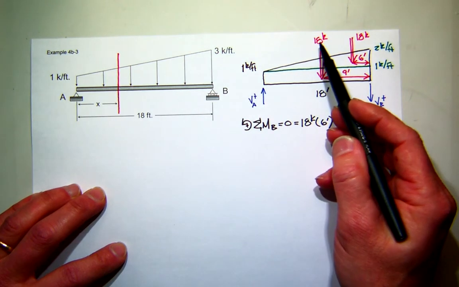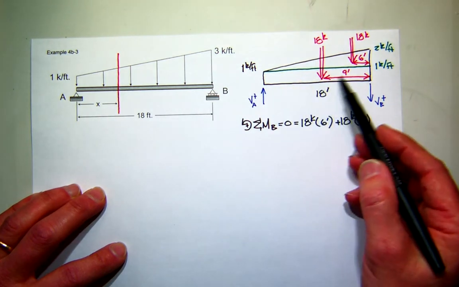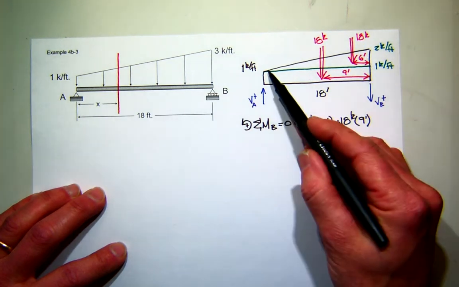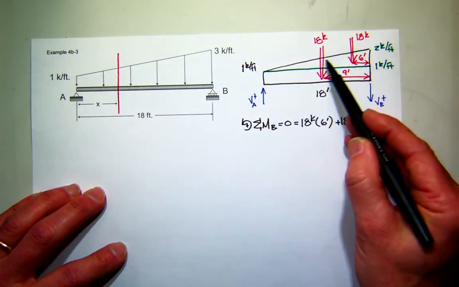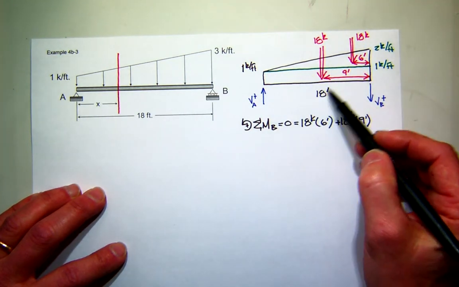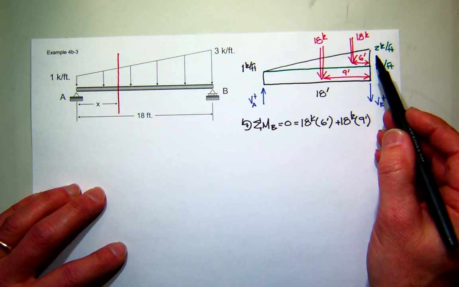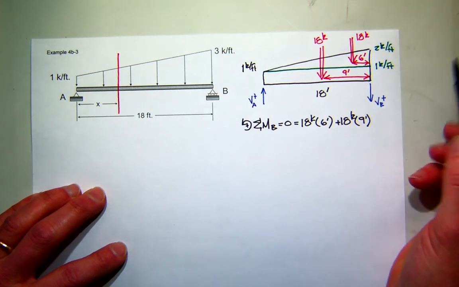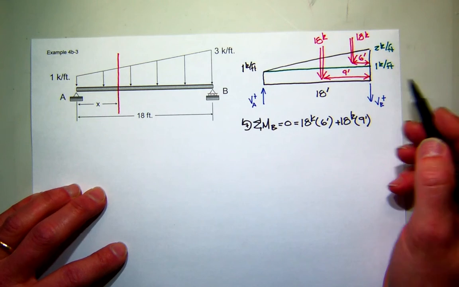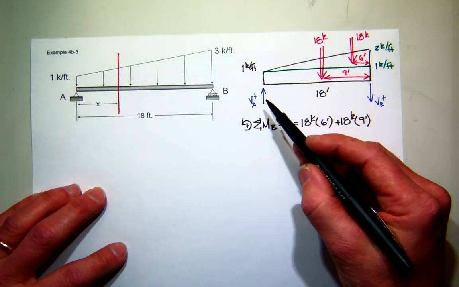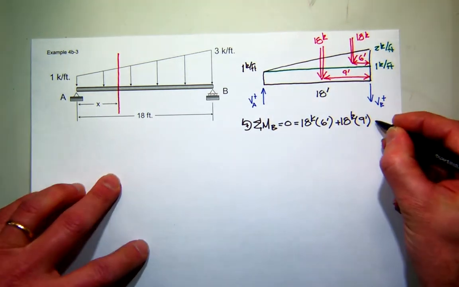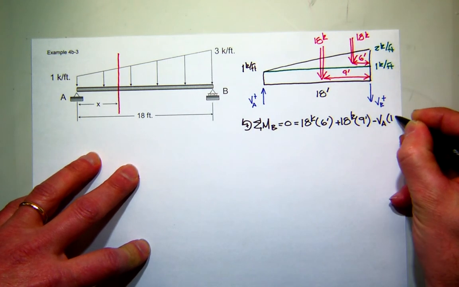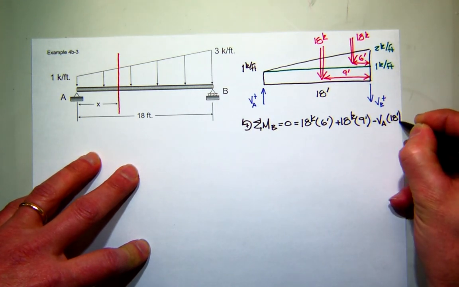That's just the way the numbers worked out. Right? This 18 kips is the area of the rectangle, which is 18 times 1. And this 18 is the area of the triangle, which is 1/2 base 18 times height 2. So the half cancels the 2, and you get 1 times 18. And then I have my shear force at A, which creates negative moment with the moment arm of 18.